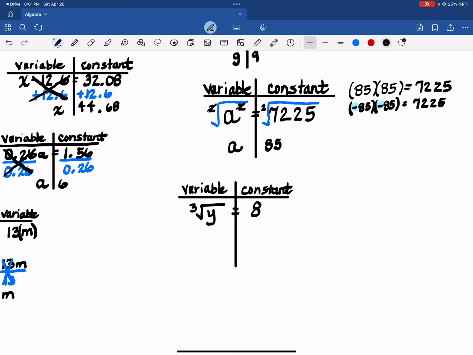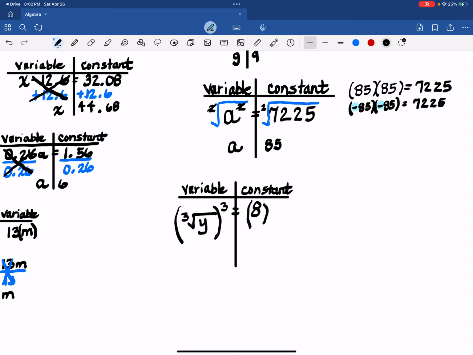So who's playing on the wrong team? It is this 3. So the way to get rid of that 3 is to multiply, because this is division, so it is to multiply the whole term by 3.